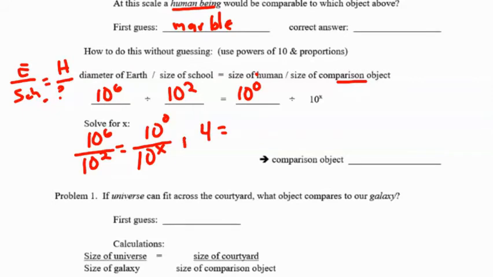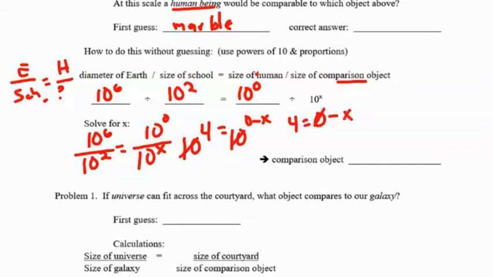That equals 10 to the 0 divided by 10 to the x, which is 0 minus x, because I subtract the exponents when I divide them. Since the 10 is common, I can say 4 equals 0 minus x.